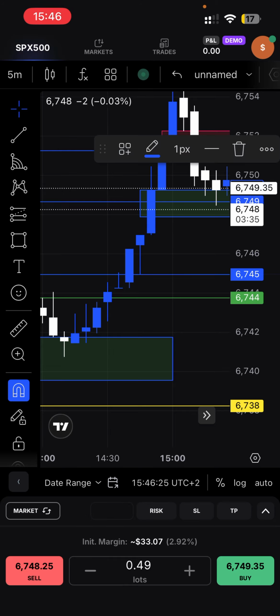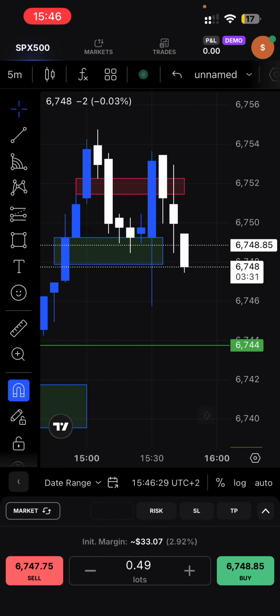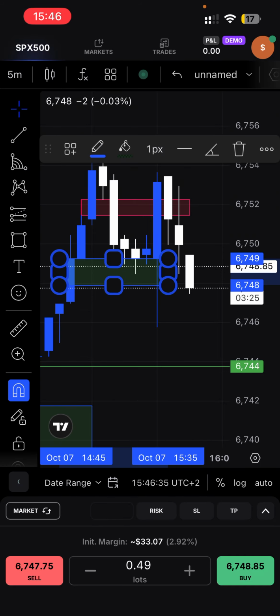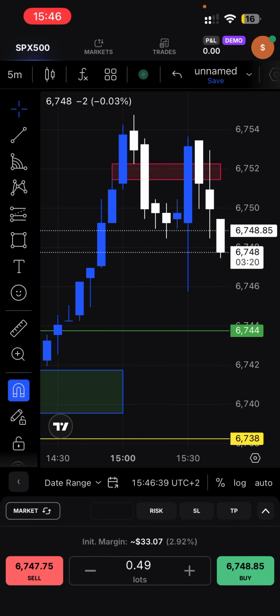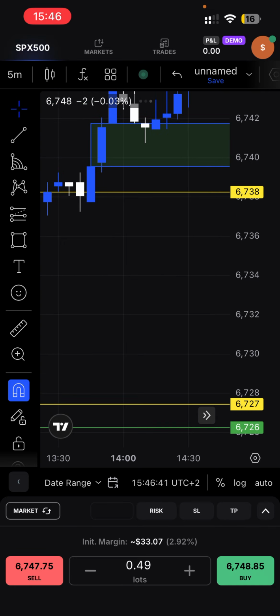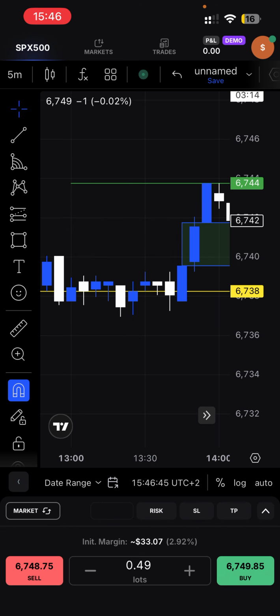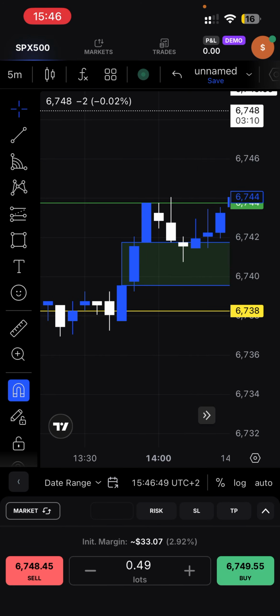So let me remove those lines again so it's a little more tidy. I am going to hide this. Can you hide that? No, you can't. Okay, whatever, I'll just delete them. I want this to be tidy because we don't even need anything up there. Because my actual trade, remember, the bias is bullish.